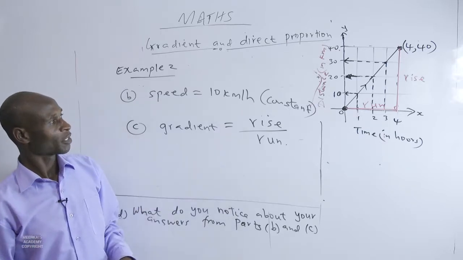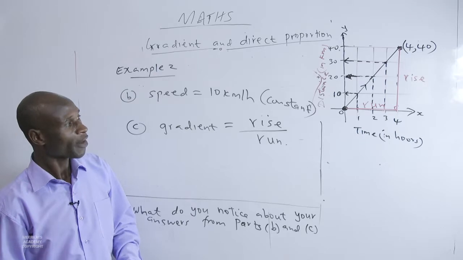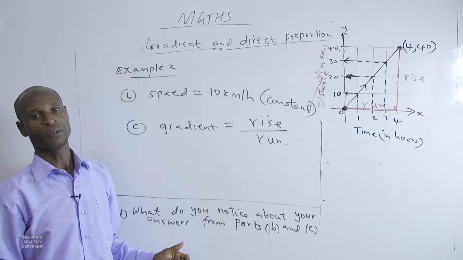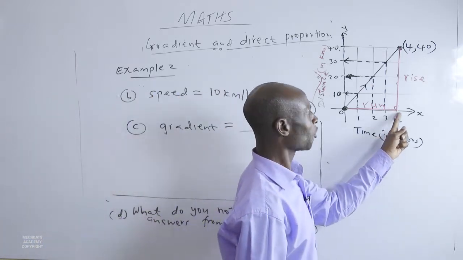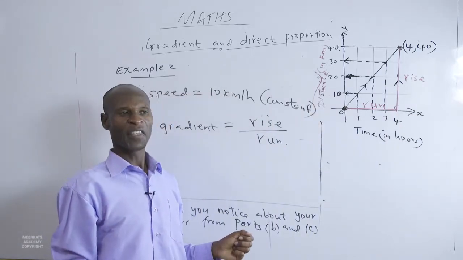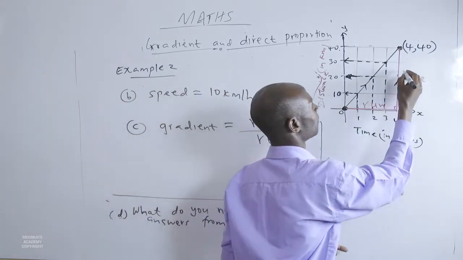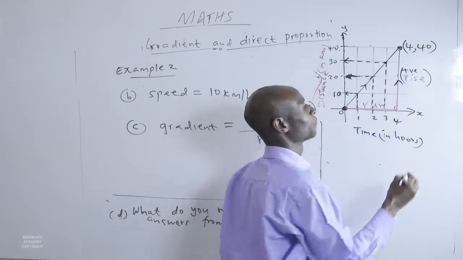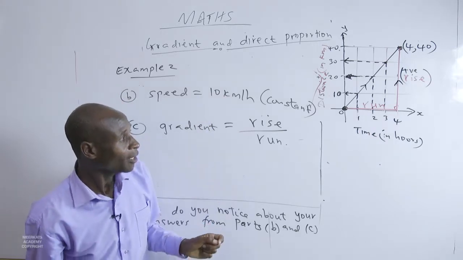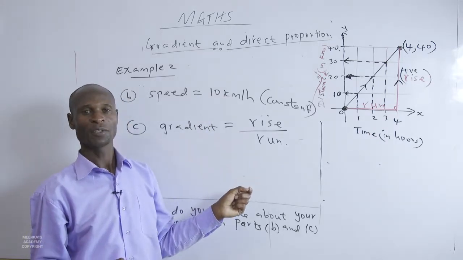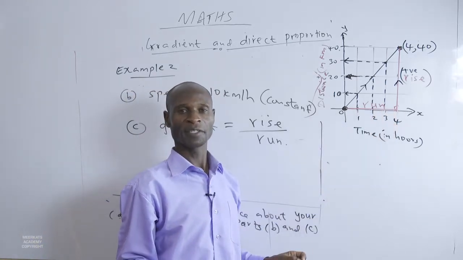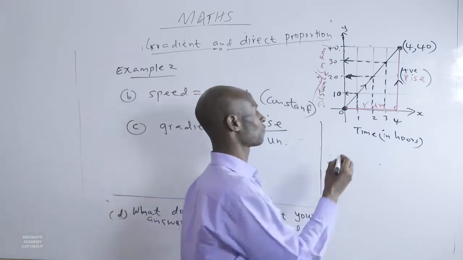So when we look at our right-angled triangle, the y values are increasing from 0 to 40. That means the rise is positive, it is upward, while the x values are increasing from 0 to 4. So that means the run is also positive.